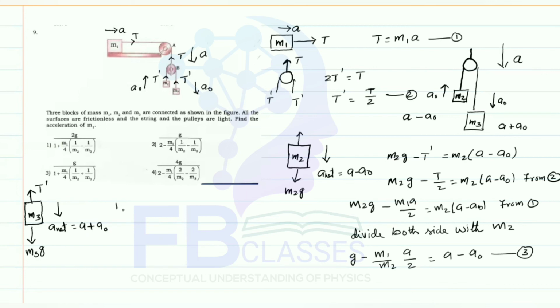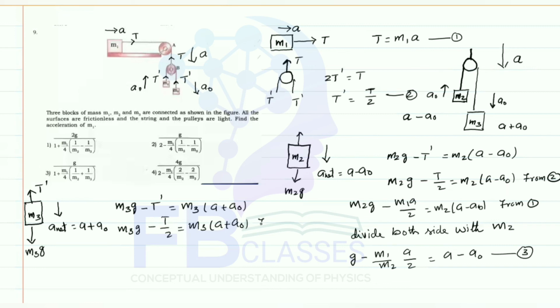Now this block is moving downwards, so the equation becomes m3g minus T dash is equal to m3 into a plus a naught. Now T dash is nothing but T by 2 from equation 2.